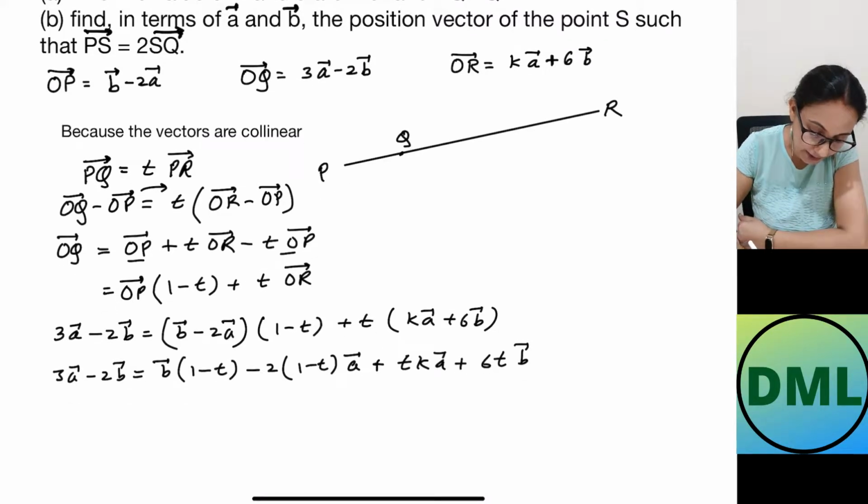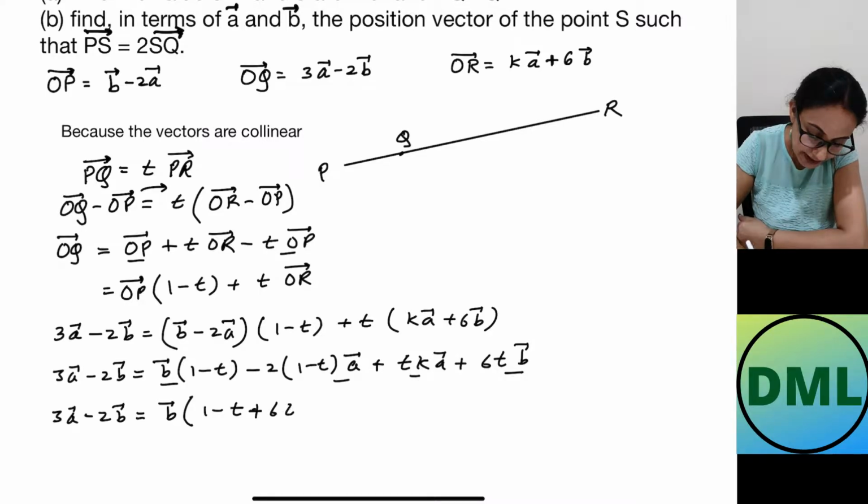Now I'll combine vector B first and then A. So 3A minus 2B is equal to, vector B is common, so you are left with 1 minus T plus 6T. Now vector A is common, and you are left with minus 2 plus 2T plus TK.